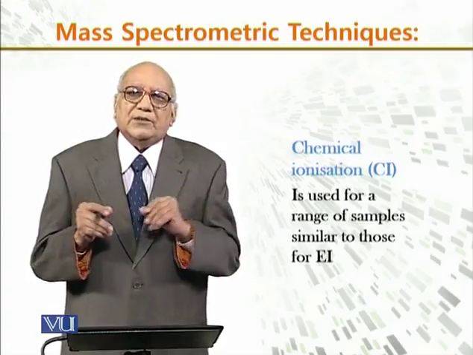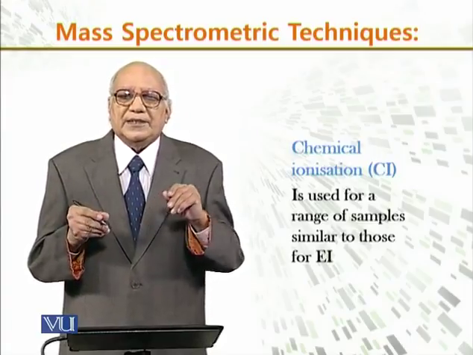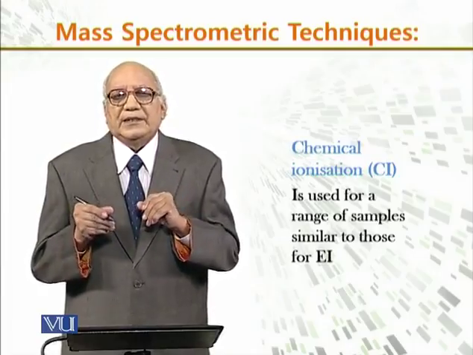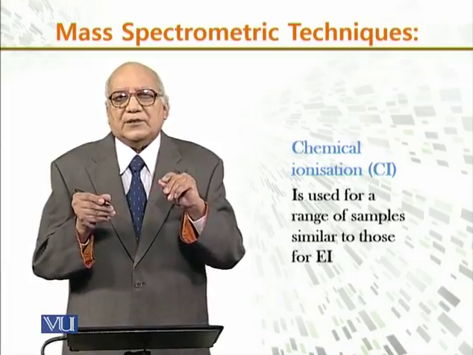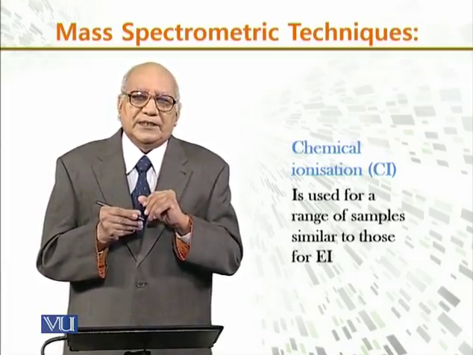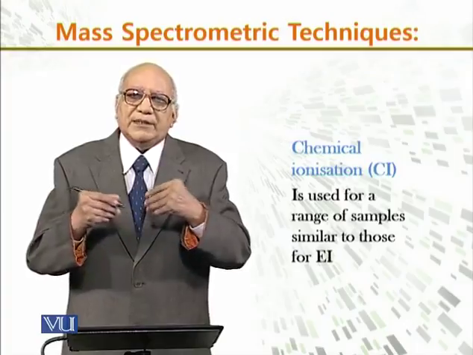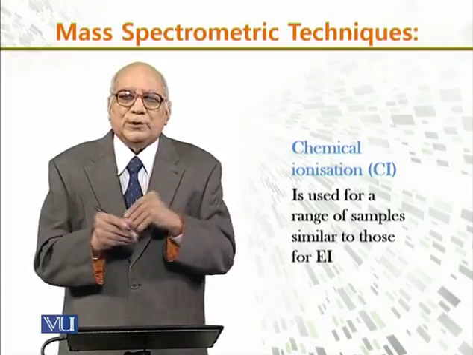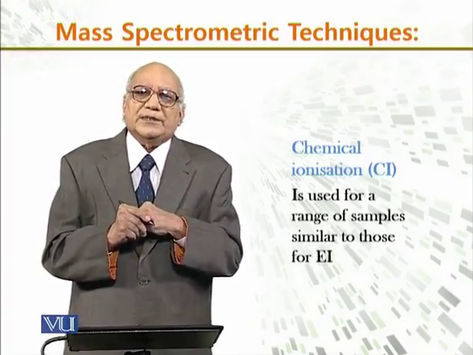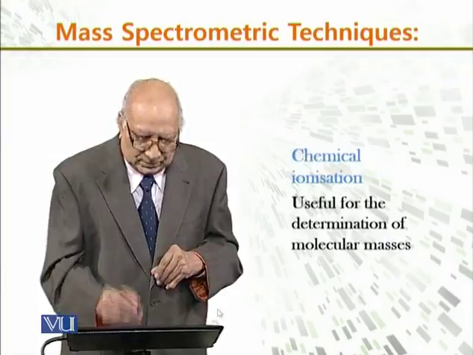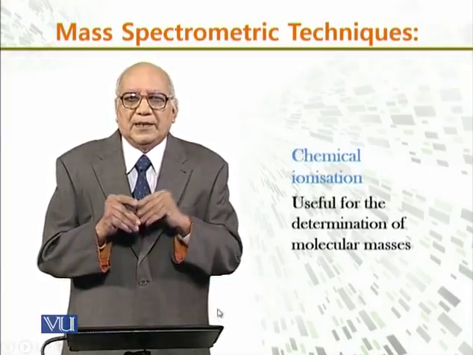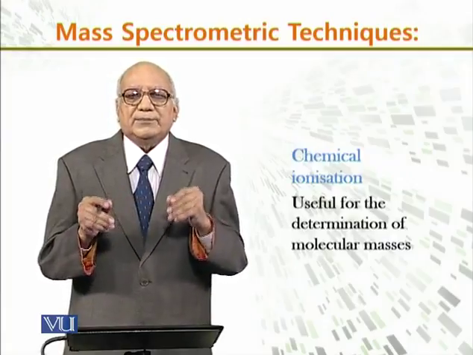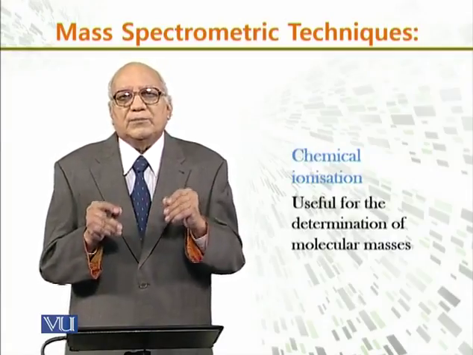Now, chemical ionization is used for a range of samples similar to EI, the electron impact which we studied earlier. Chemical ionization is useful for the determination of molecular masses.